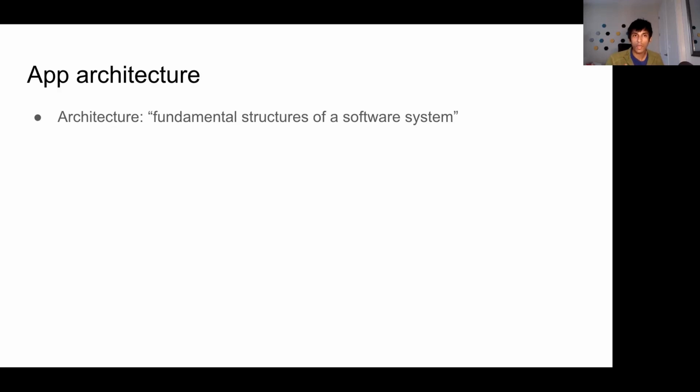Once you pick an architecture for your application, then that will dictate how many other things are implemented. So that's why there are a lot of debates in the world of Android about what is the best app architecture, because architecture means that you're laying the groundwork for everything else that comes after it. It's basically the way you organize your code.